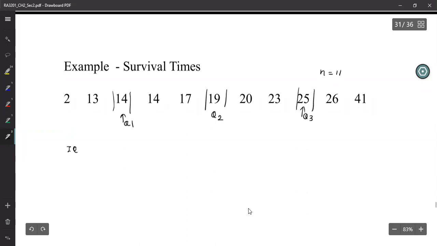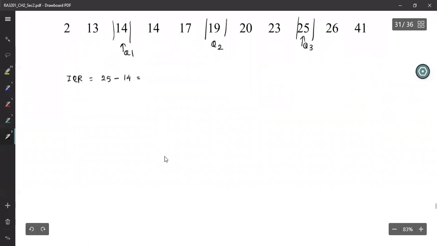You have to find the IQR. 25 minus 14, which is 11. Sorry, 9. Which is 9. So what is 1.5 times IQR? 1.5 times 9. So what is the answer? 13.5.